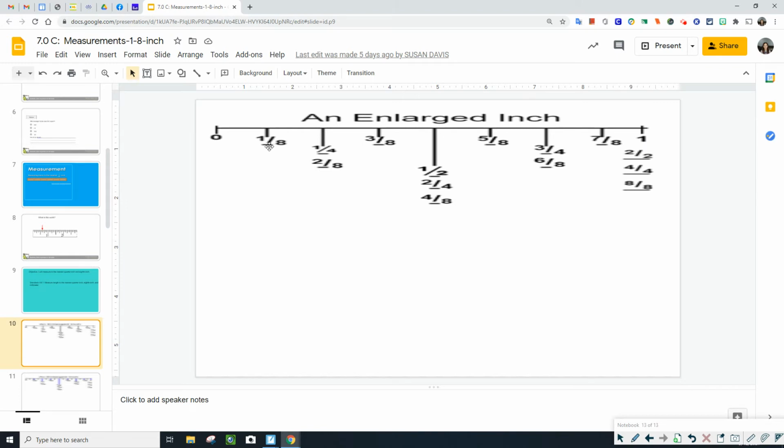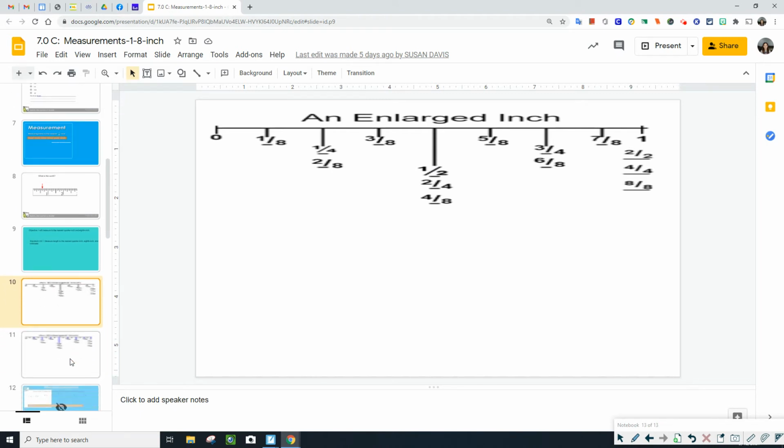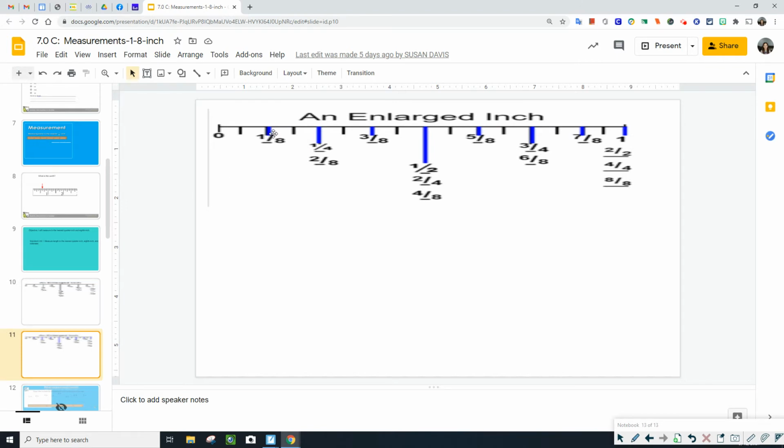You can also do fourths: 1/4, 2/4, 3/4, 4/4, which again is your whole. And you can do halves: 1/2, 2/2, and that's your whole. So we know that some of those are equal, so you have to pay attention to that. Again, this is showing the eighths: 1/8, skip a line after every one, and it's going to be another eighth.